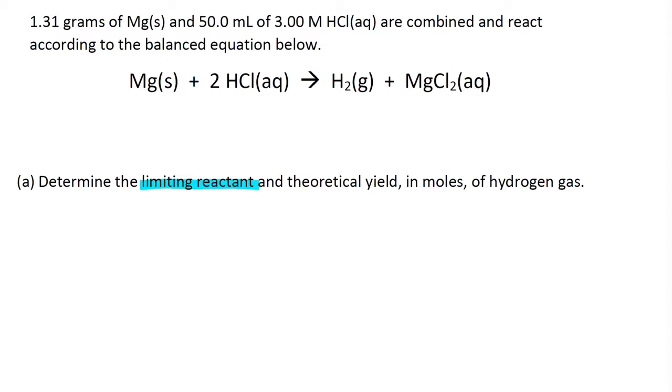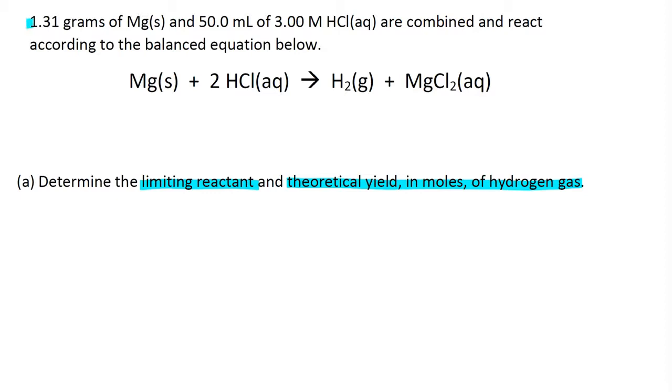It's going to run out, and once it runs out, the reaction stops, and therefore it determines how much product is made. The theoretical yield is the predicted quantity of product that is produced, and that prediction is based upon the mole ratios from our balanced equation, aka stoichiometry.